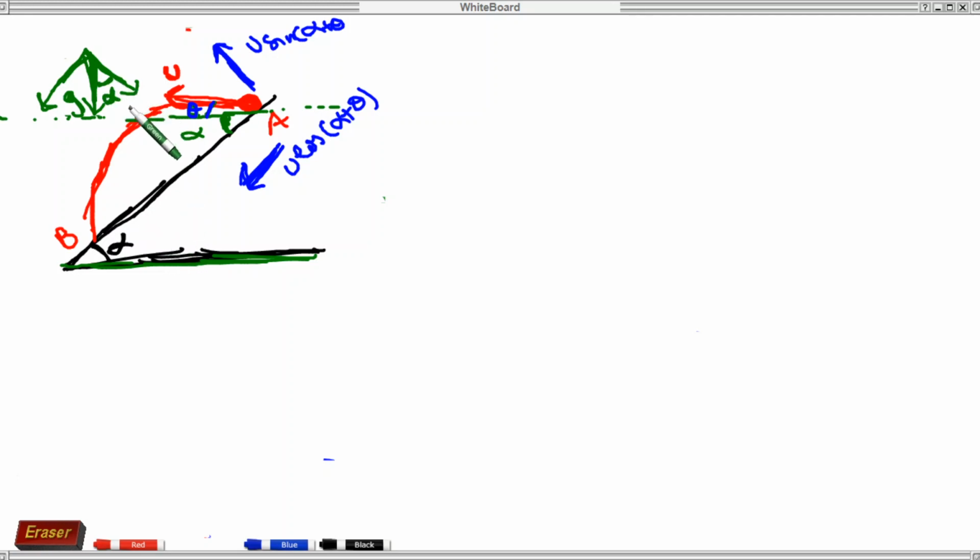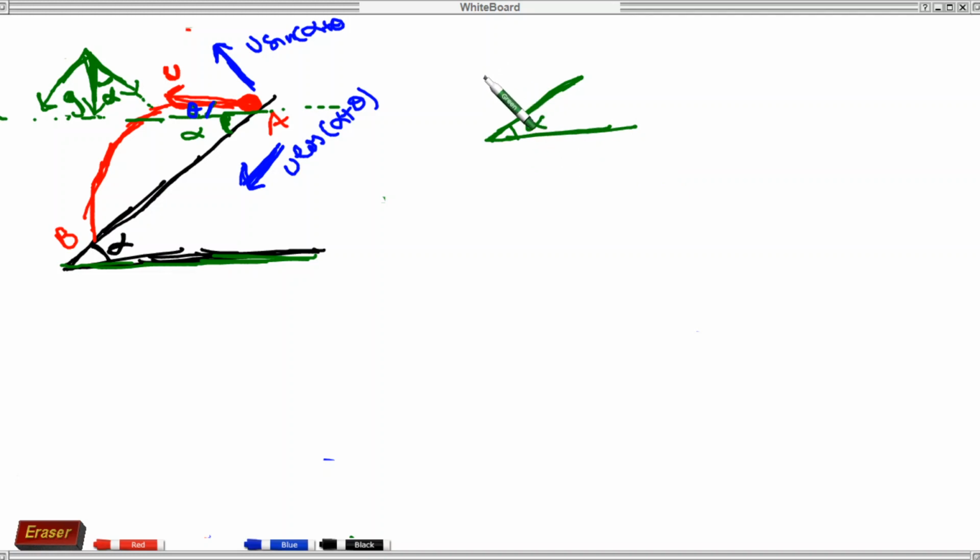If you are not getting why this angle is alpha, let me show you in a separate page.